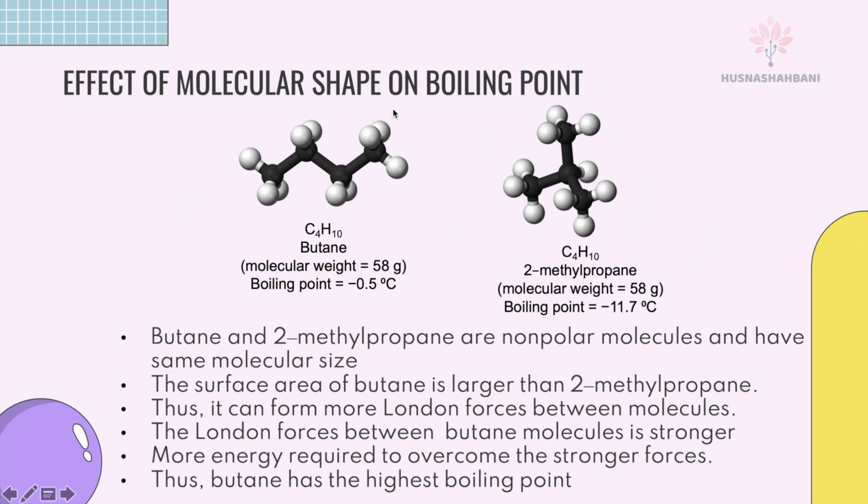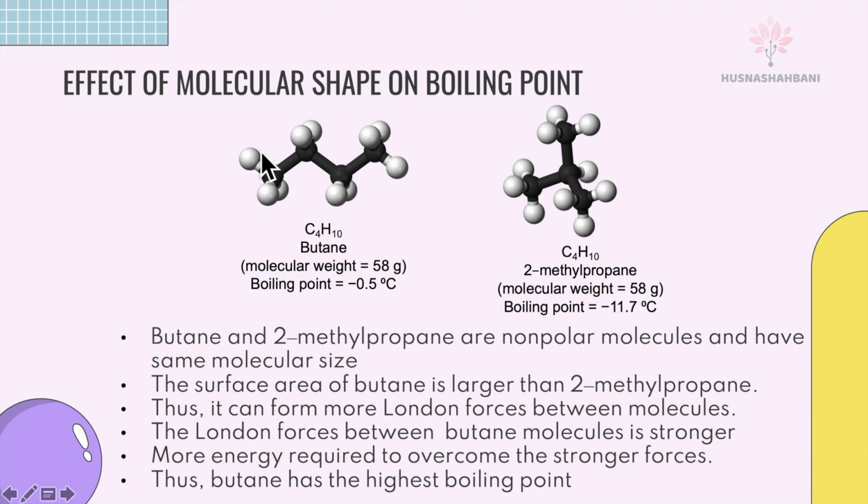So butane has bigger surface area. Thus, it can form more London forces between molecules in butane. Bigger surface area can form more London forces. More energy is required to overcome the stronger forces. When you have bigger surface area, the London force is stronger.